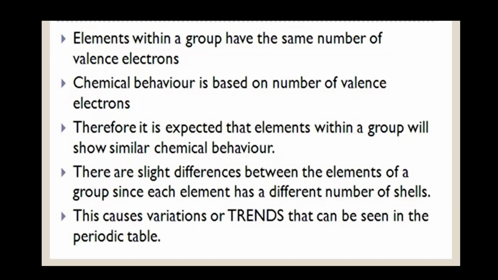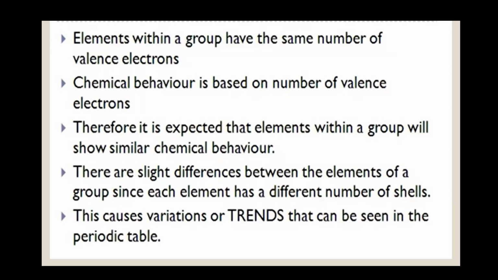The difference in reactivity will come from the number of shells. As going down the group, the number of shells increases. For example, group 1 starts with hydrogen. Hydrogen has 1 electron, so it has only 1 shell. Below hydrogen, there is lithium.